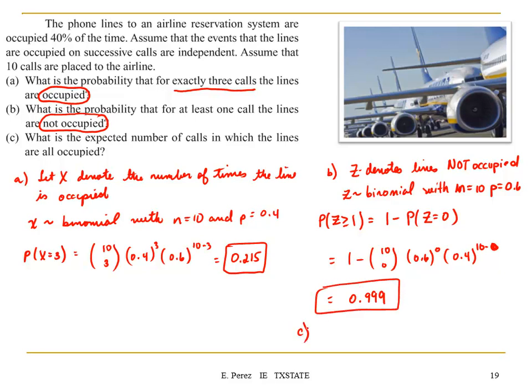Finally, how would you answer part C? Anyone willing to come here and solve that part? Or bonus point?